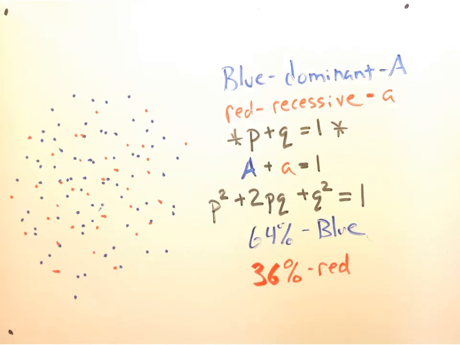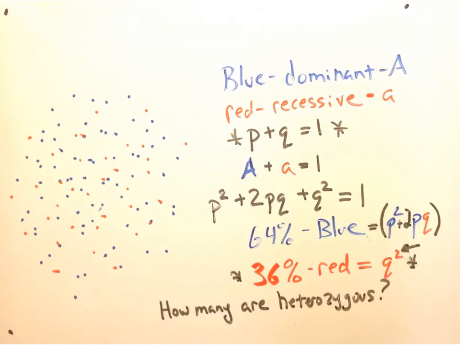This time we're starting with a population of 100 animals where 36% of the population has the red phenotype and 64% of the population has the blue phenotype. You might see a question like this on the exam that gives you this information and then asks, how many animals in this population would you expect to be heterozygous?